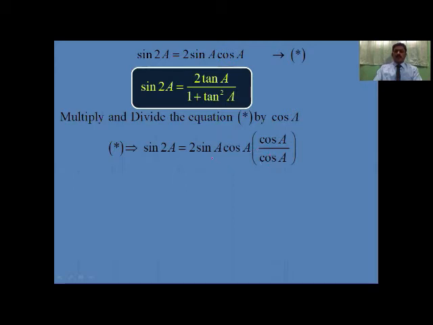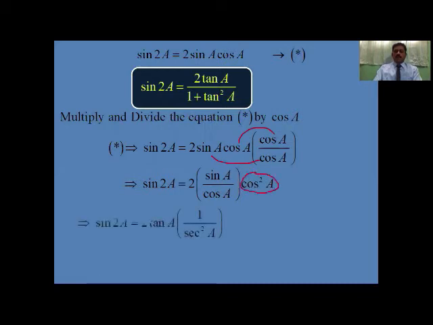So now to get the tan form, I will combine this sine by cos, and I am going to multiply this cos into cos. The next step is your right hand side, 2 into sine a by cos a. Cos into cos will give cos square a. From this we can conclude your right hand side equal to 2 into tan a.